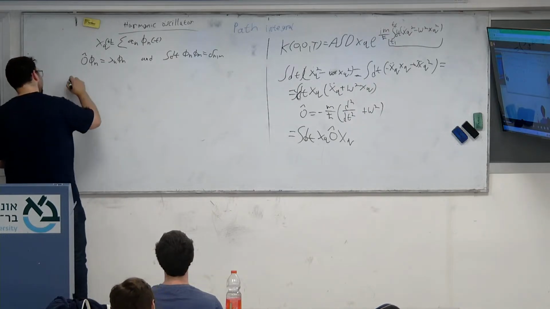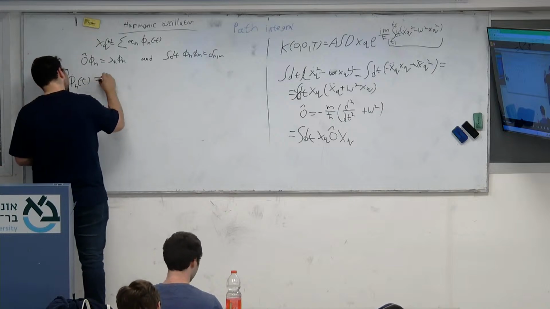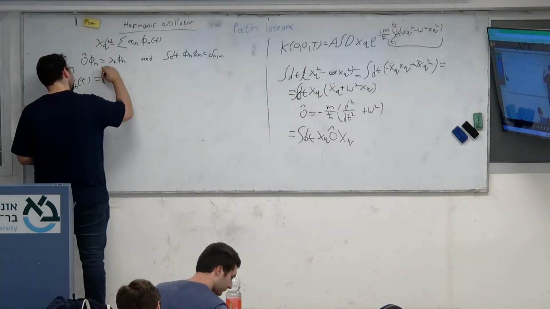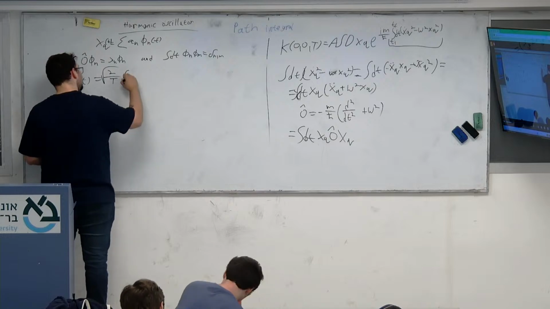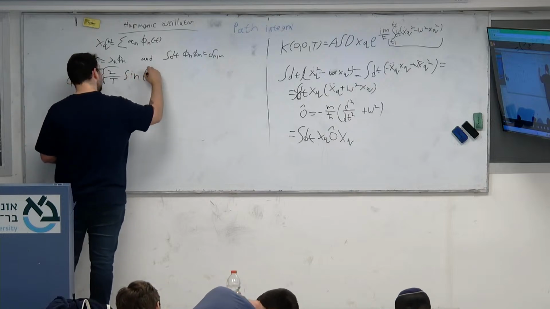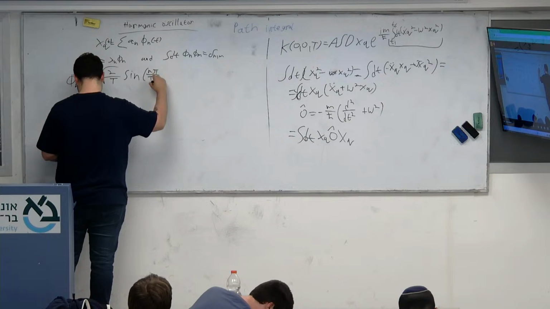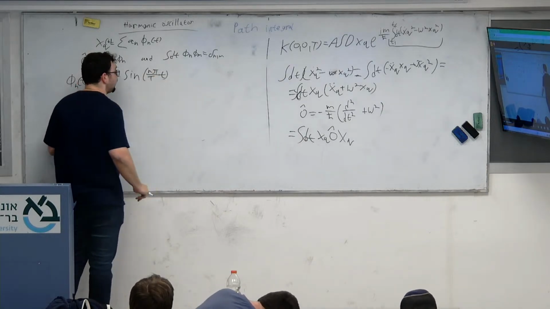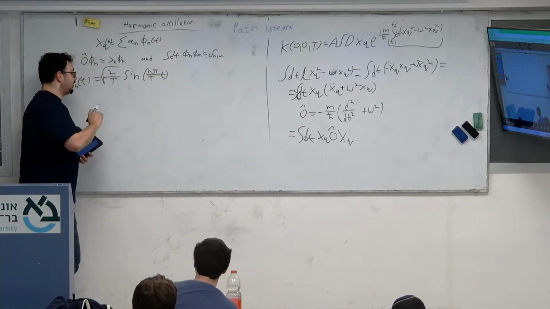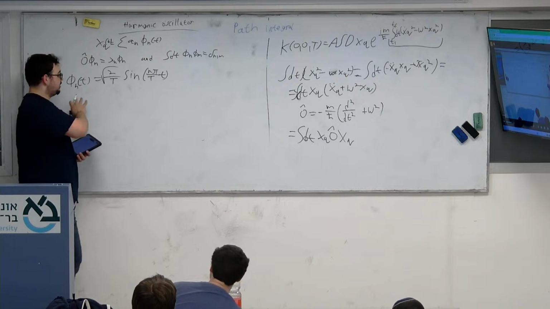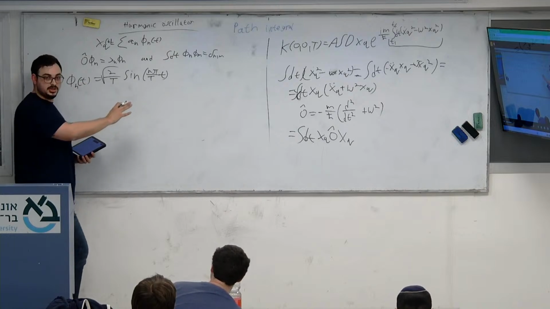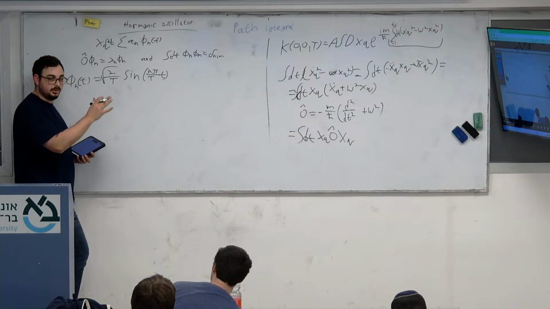The solution for finding this eigenstate will be V_n of t equals square root of 2 over capital T, sine n pi t over T. Stop for a moment. Luckily for us, in this case, this just came out to be Fourier transform, which is the known solution for the harmonic oscillator.